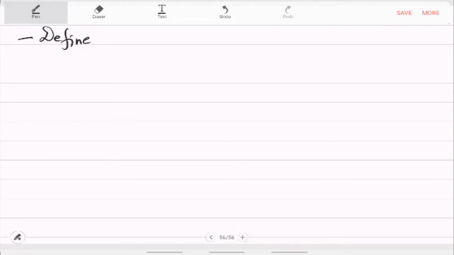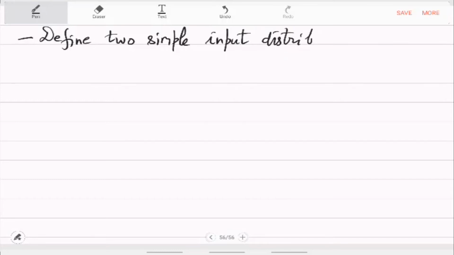So let us define two simple distributions on n vertex graphs.